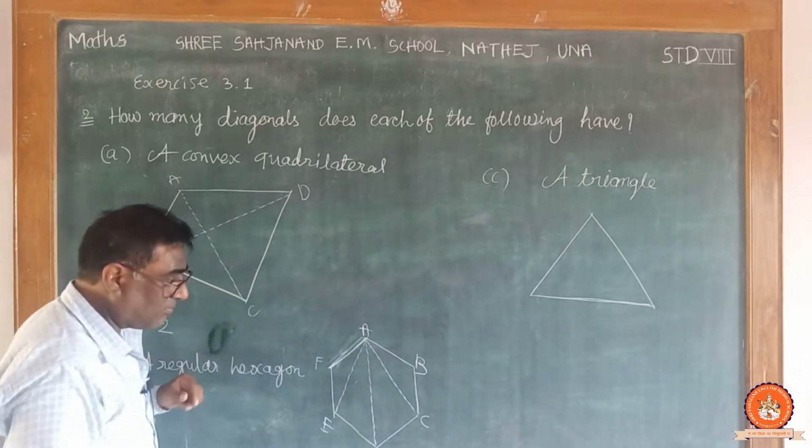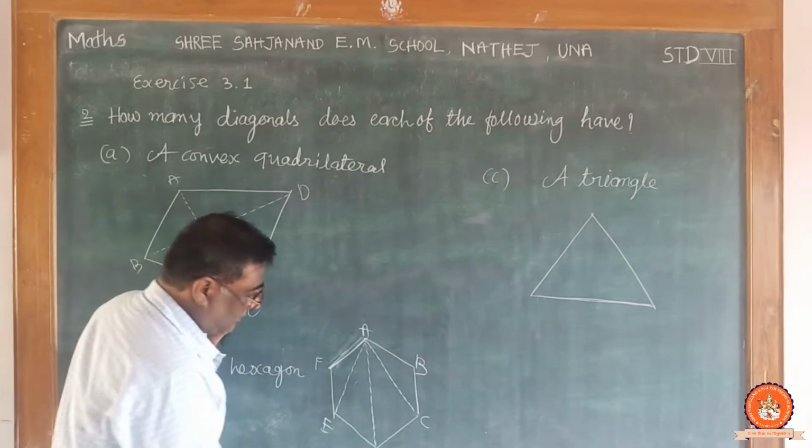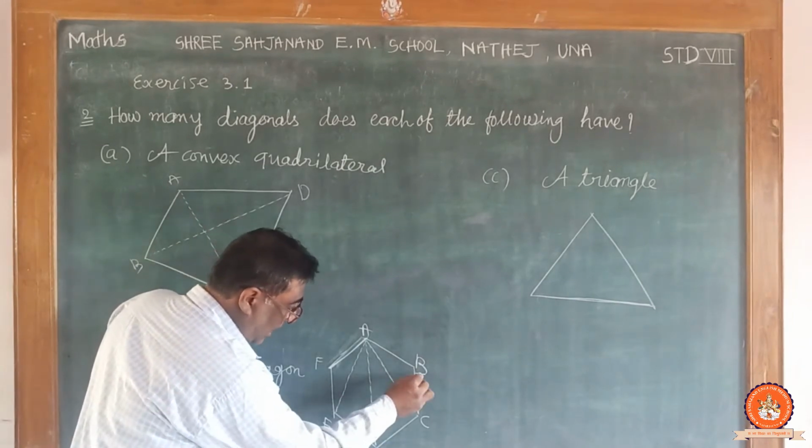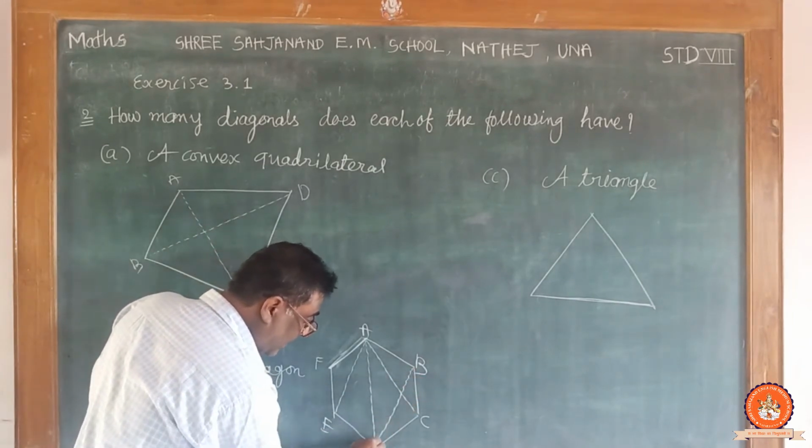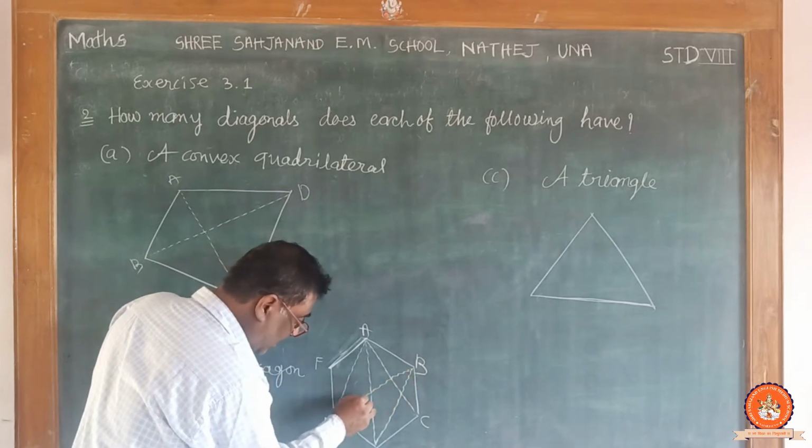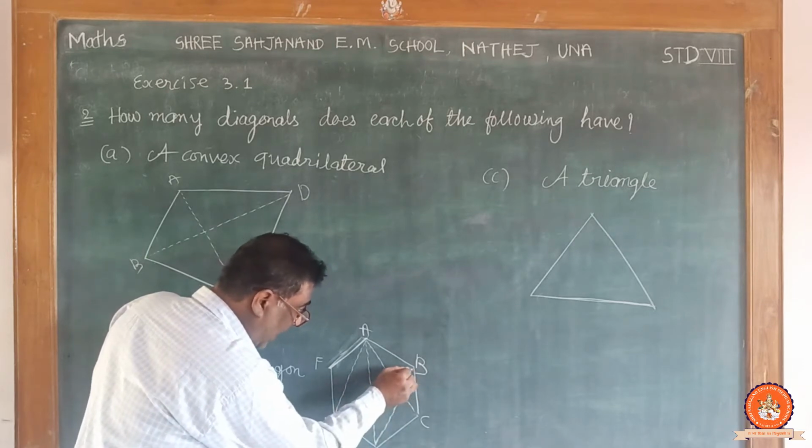That's 3 from A. Now from B, it's BD, then BE, then BF.